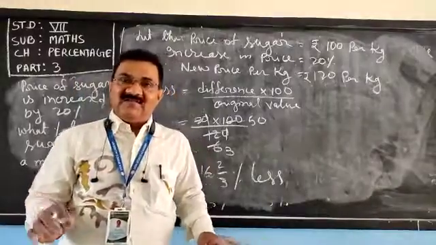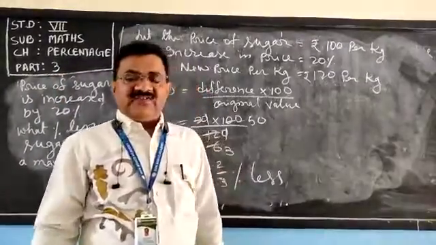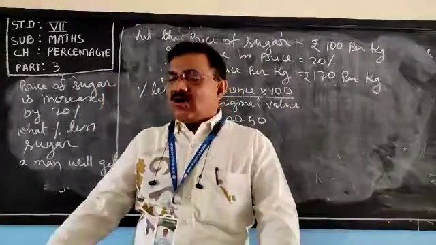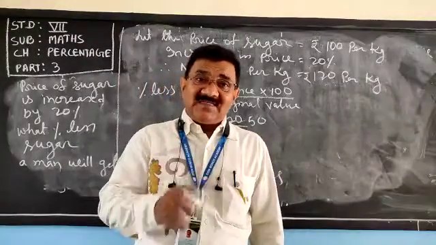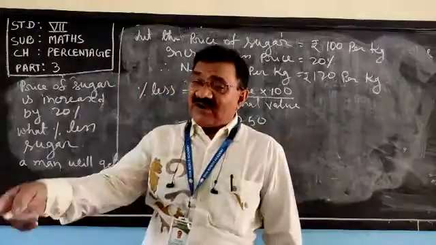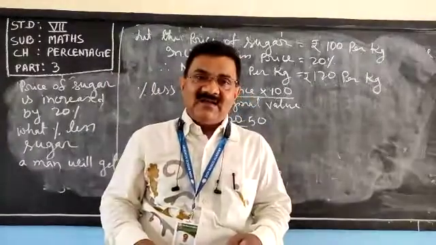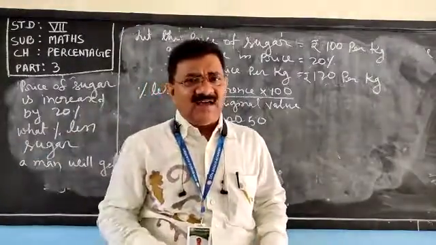Understood or not? So dear children, we have finished the topic percentage. Now it is your work to do all the questions. And one more thing I would like to say: don't think that in the examination whatever questions are there in your book will be there. Instead of Hanif, Mohan may be there.